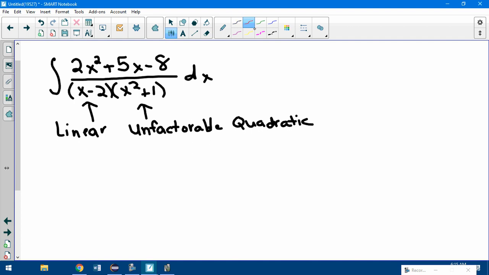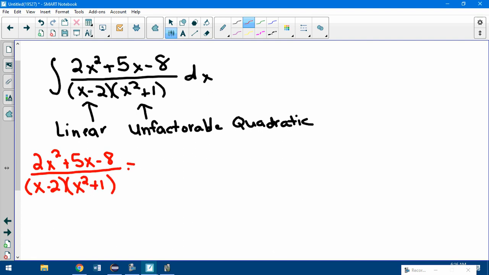Okay, so this is how I have to deal with it. We can still split up the fraction, but it's a little bit different. 2x squared plus 5x minus 8 all over x minus 2 times x squared plus 1 becomes a over x minus 2, that part's normal.